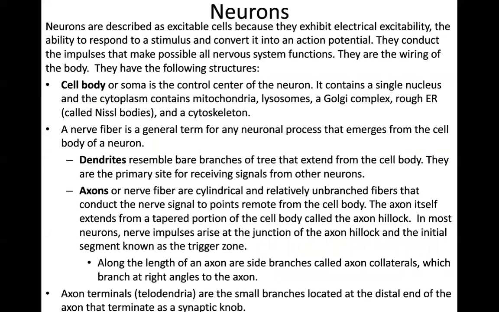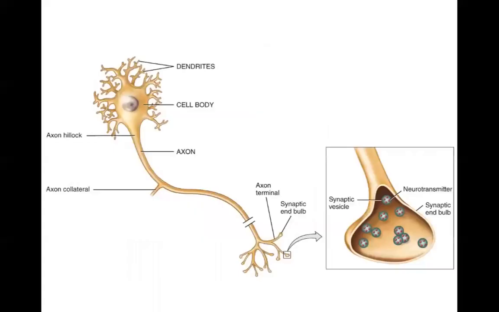Axons, or nerve fibers, are cylindrical and relatively unbranched fibers conducting nerve signals to points remote from the cell body. The axon extends from a tapered portion of the cell body called the axon hillock, where the cell body starts to skinny up and form this long wired structure.